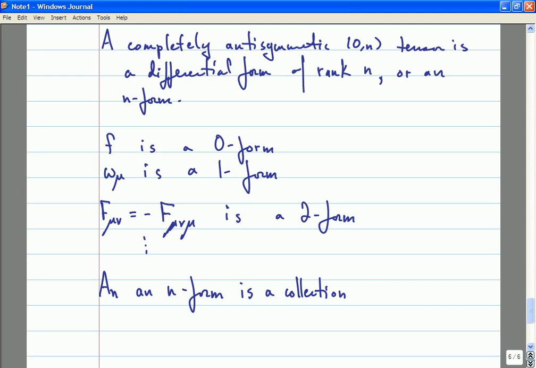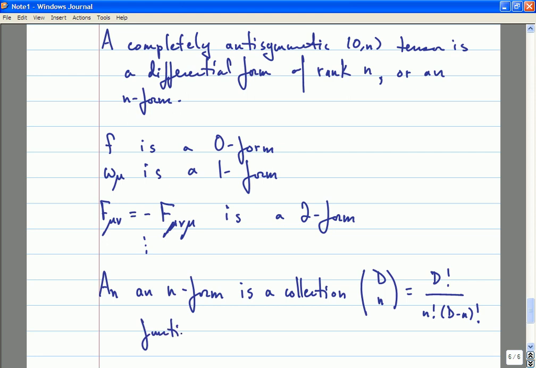That's the discussion we had earlier. So in general, an n-form will be a collection of d choose n, which is just a shorthand for d factorial over n factorial times (d minus n) factorial functions.